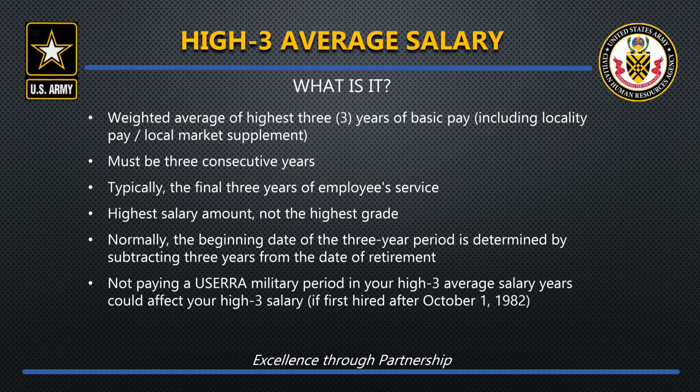Your high 3 average salary would include the highest salary points in your career, which would most likely be when you worked in the Washington, D.C. position and not the Fort Riley, Kansas position. For more information on the high 3 average salary calculation and how it may impact you, please contact our call center to speak with a benefits specialist.